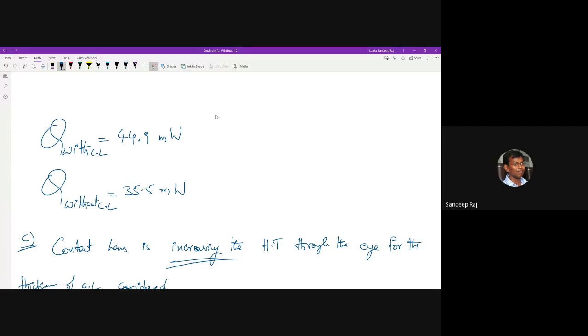And one more thing, let me do R critical here. The critical radius of insulation is 2K by h, isn't it? The K value of the contact lens is given as 0.8 here, and the h value on the outer side is given as 6. So calculate and tell me this value.